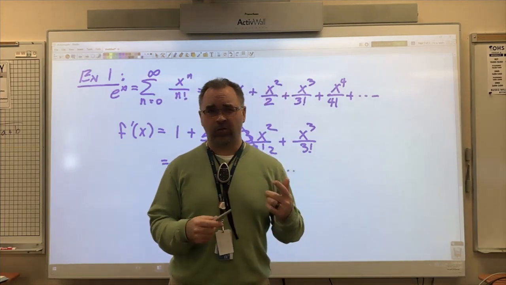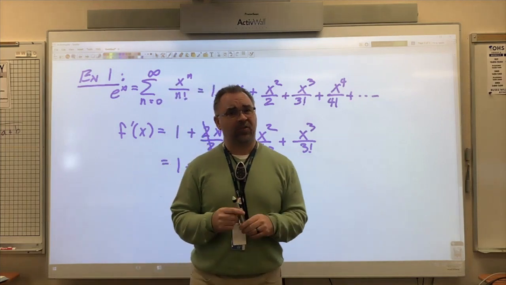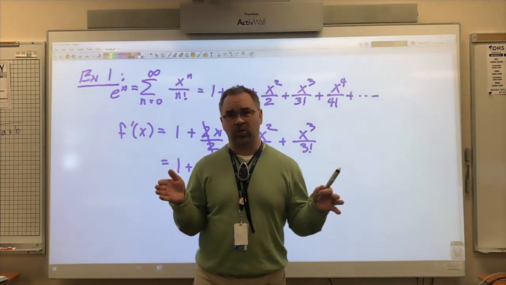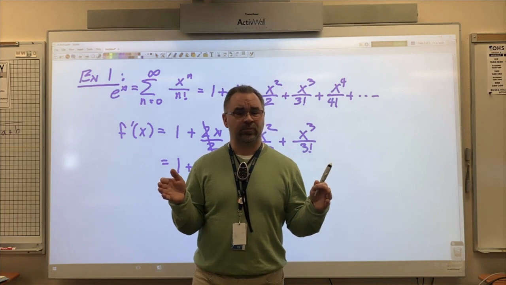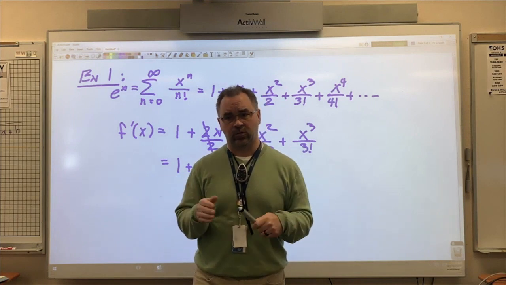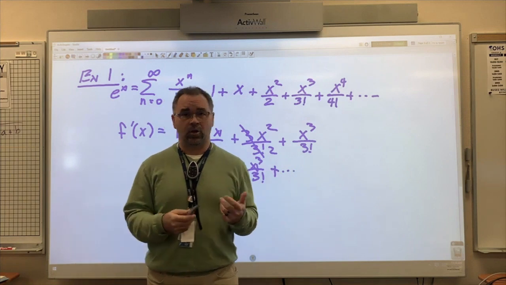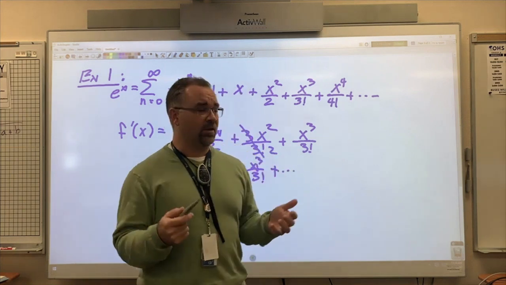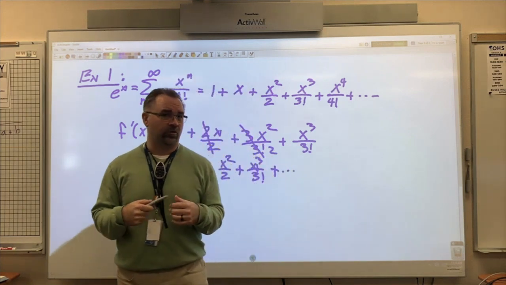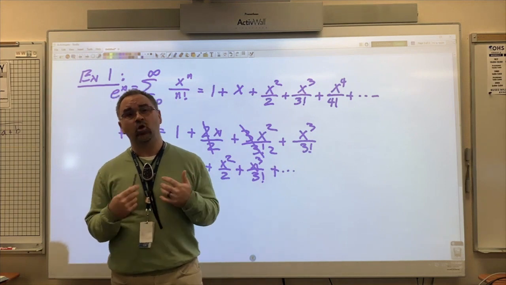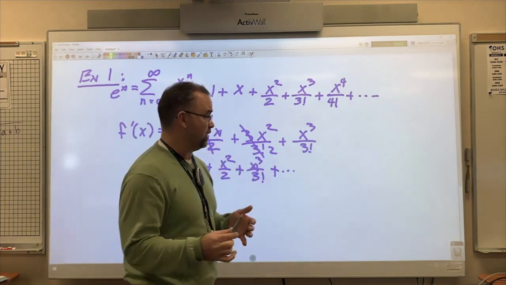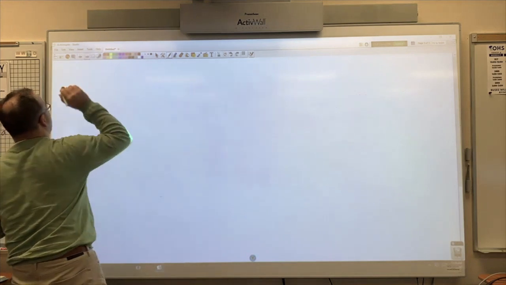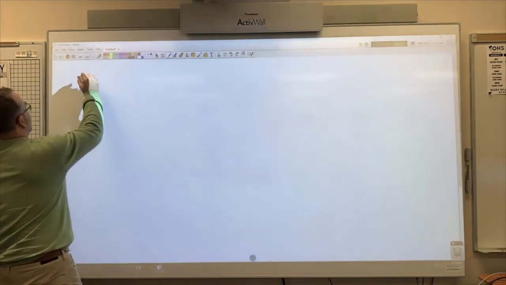But that's not necessarily true the other way around. If the function itself converges at the endpoints of the interval, it does not necessarily mean the derivative will too. So we want to check. In other words, we need to check the radius of convergence and the interval of convergence for the derivative or the integral because it could be different than the original function. And so with that, we will head to example number 2.